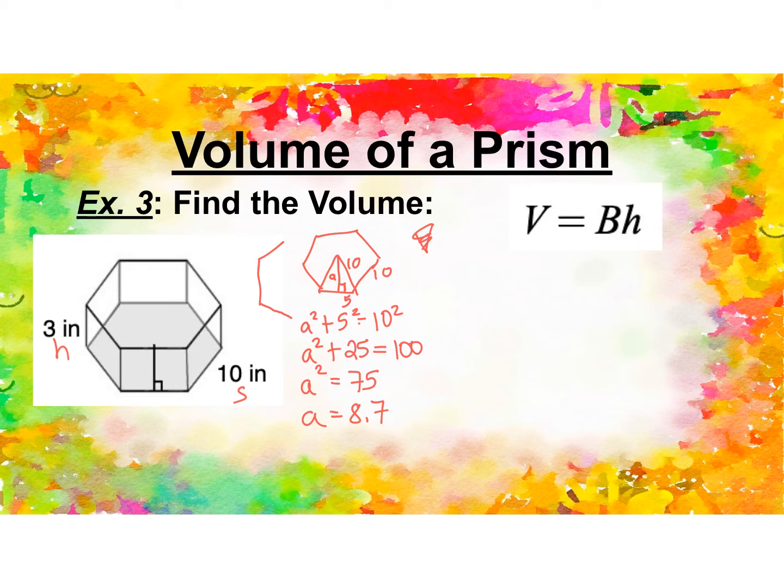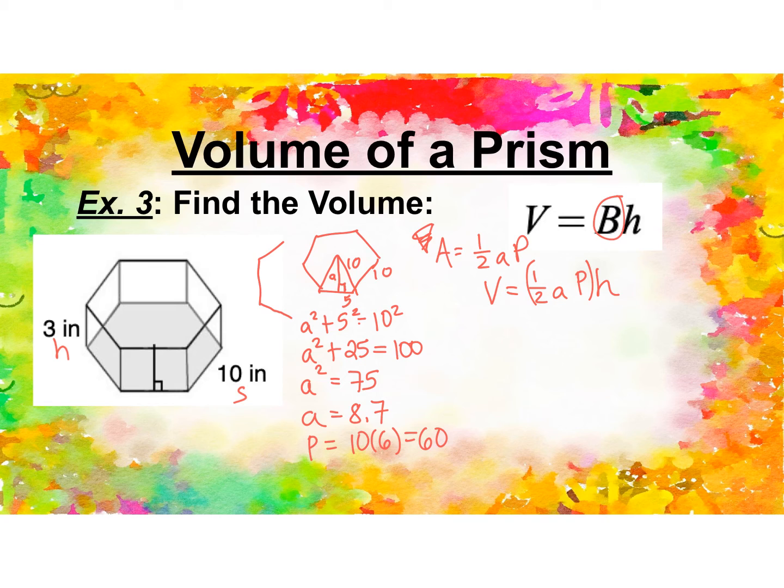Oh, goodness. Area equals 1/2 AP. So we found our apothem. Now we need to find the perimeter. Well, that's going to be our side times 6, so we're looking at 60. So now we're ready for this. So our volume formula for a hexagonal prism is really 1/2 APH, because that is the base formula for the hexagon.